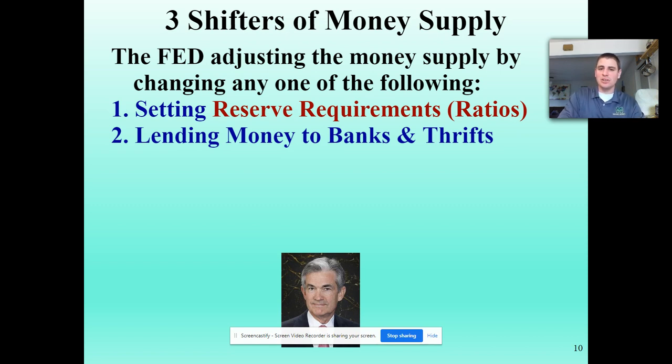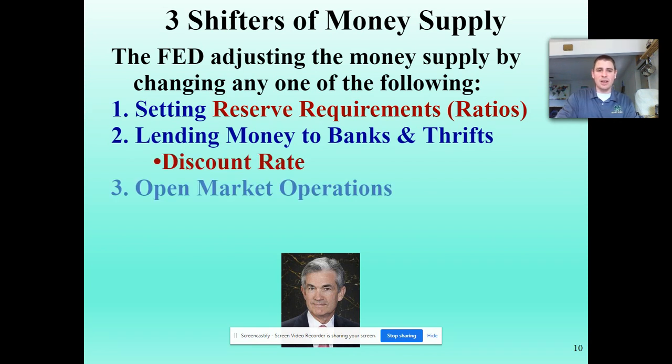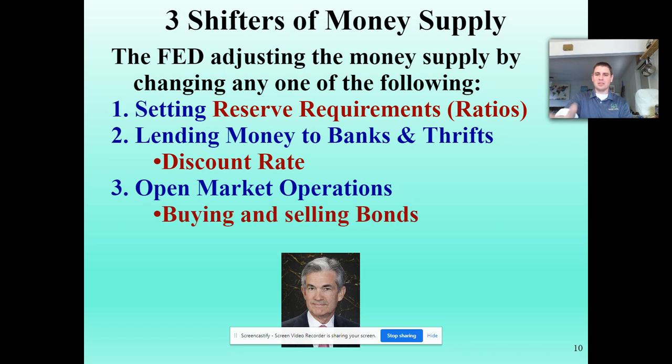Thrifts is a fancy term for a bank that specializes in loans exclusively. That's a thrift. So how much rate does the Federal Reserve charge other banks? We'll talk about that, which we know is the discount rate. And then the third is open market operations, which really simply is the buying and selling of bonds.